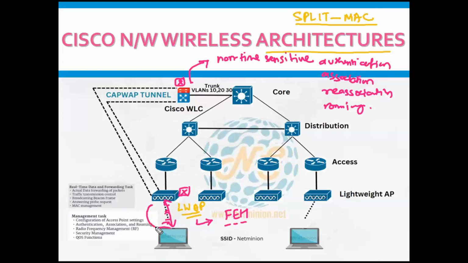If it needs to collect signal information for a neighboring AP, who will do that? Your AP will do that. It will monitor that. It has monitoring radio channels for rogue APs, and handles the encryption and decryption of your 802.11 frames. So all these functions go to your lightweight APs.